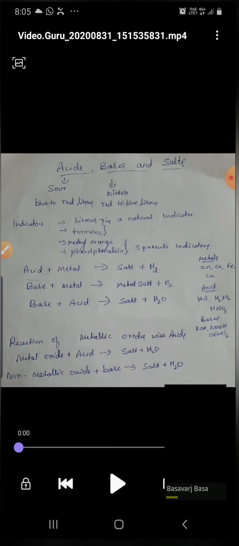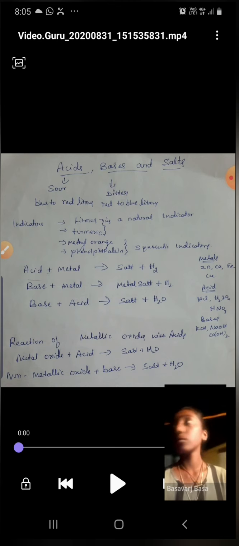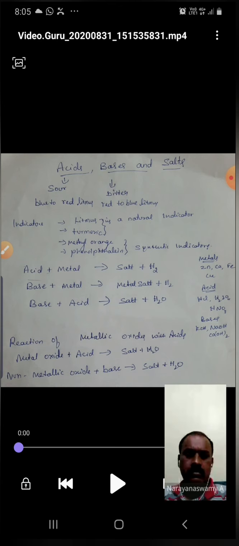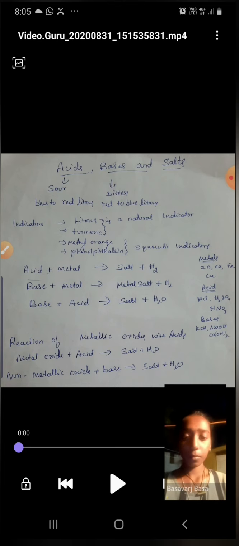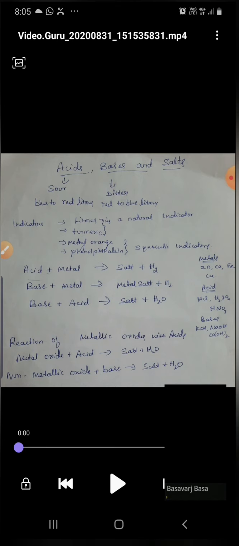And the second one is the base reacts with metals to form metal salt with the release of hydrogen. What are the bases?